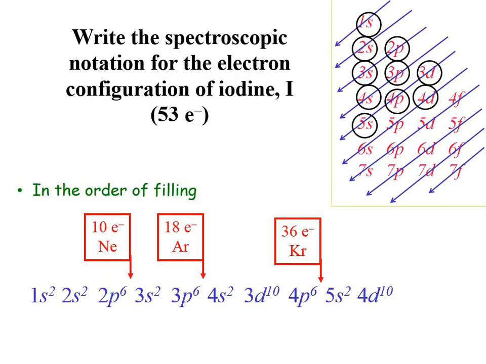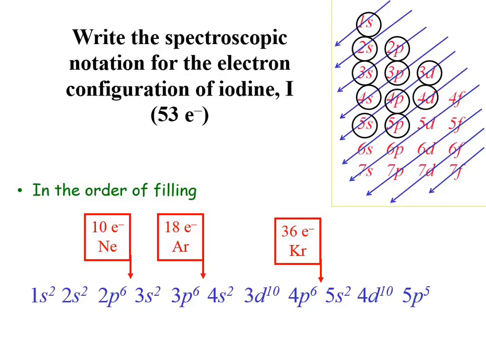That math's working. So what subshell do we go to next? 5p. And how many electrons do we put there? 5. Yep, 5p5.